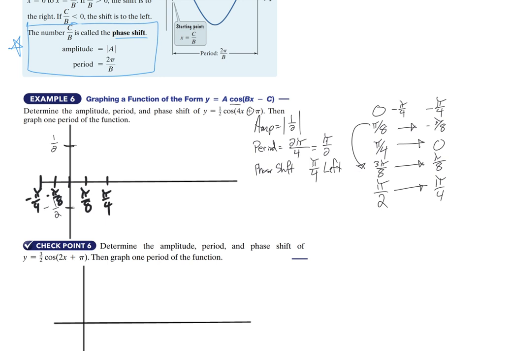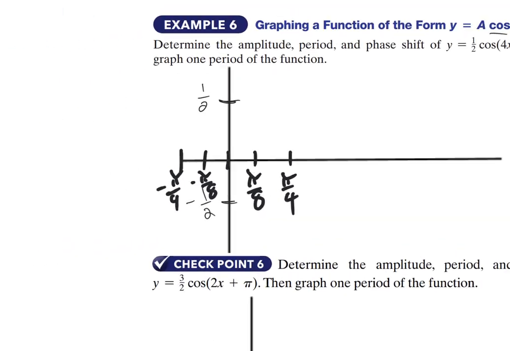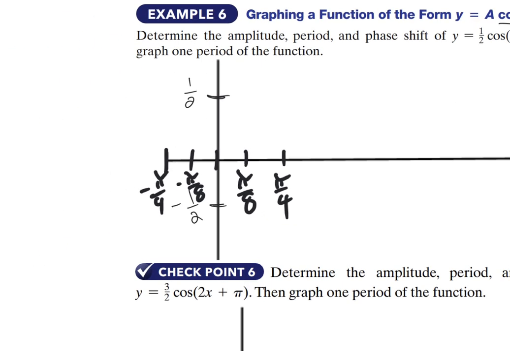I already have the max, the amplitude, and so the cosine function is going to start negative pi fourths down to, let me change color. Start here, negative pi fourths 1/2, then the equilibrium line, then the negative 1/2, equilibrium line, and then back up to the positive amplitude. And we get a cosine graph that looks something like that.